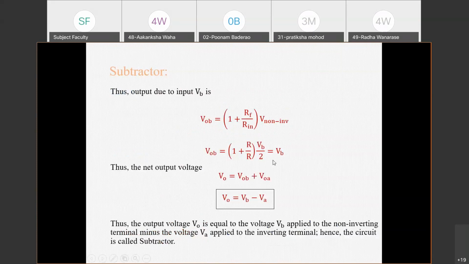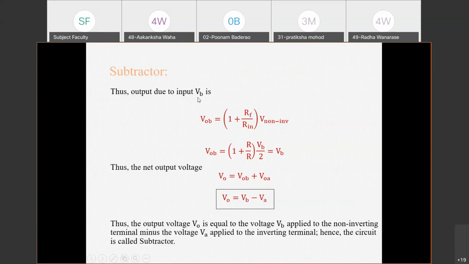Anyone? 1 plus RF upon Rin. Right. So the gain of a non-inverting amplifier is nothing but 1 plus RF upon Rin. So VOB in this case is our output. VOB is nothing but the output due to input VB.